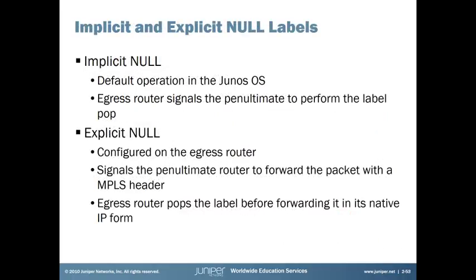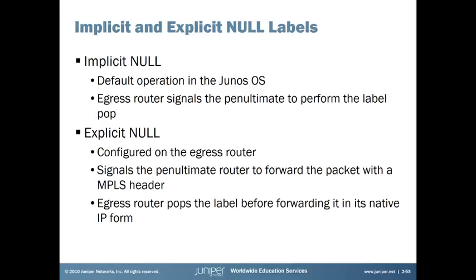Okay, let's take a look at this idea of implicit and explicit null labels. With an implicit null, the default operation in the Junos operating system, the egress router signals the penultimate router to perform the label pop. That's the implicit null value, which is a 3.